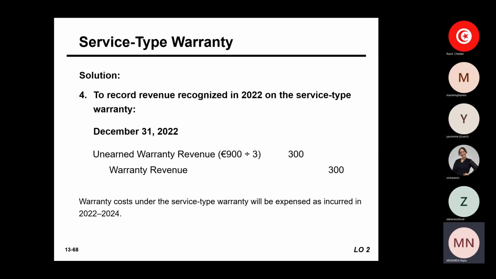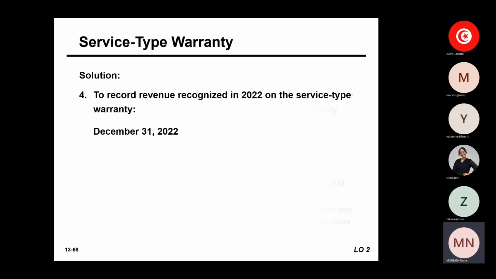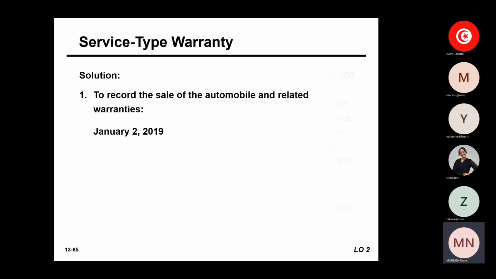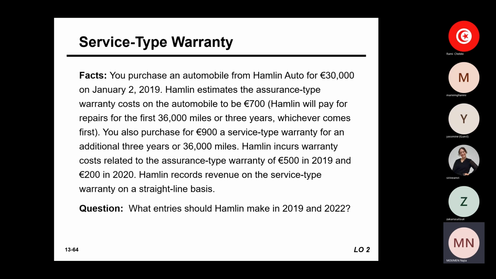Okay. So the warranty cost under the service type here will be expensed as incurred from 2022 to 2024. Why 2022 to 2024? Because the service type warranty is expected to start being incurred and amortized over 3 years after the end of the first assurance type warranty.